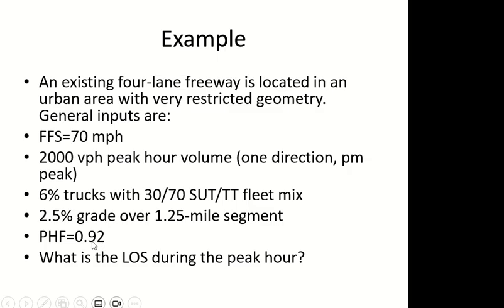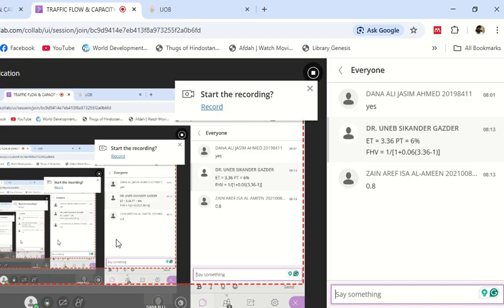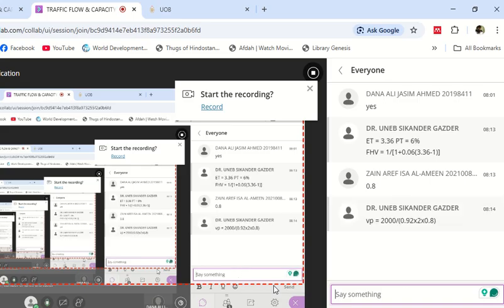And peak hour factor is 0.92. So the flow rate will be volume, peak hour factor, number of lanes, and the factor for heavy vehicles. How much is that?